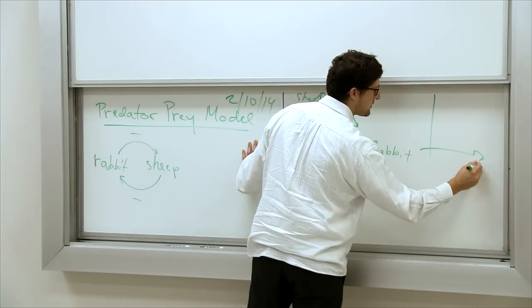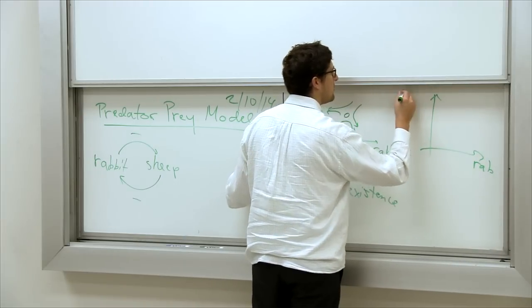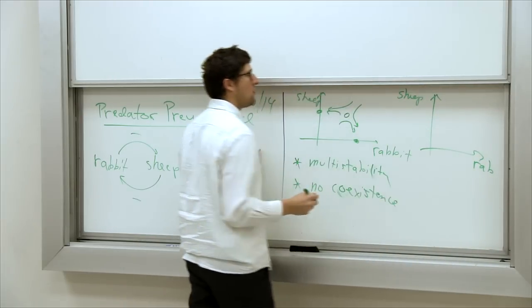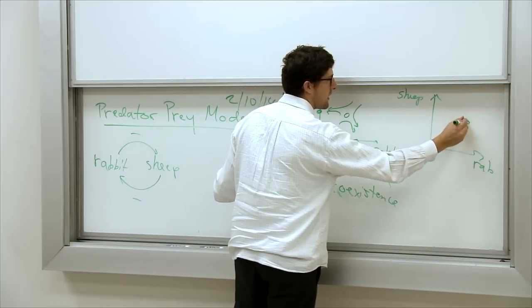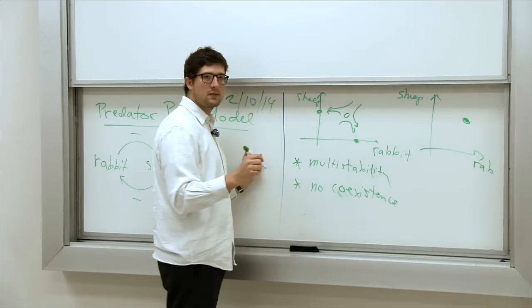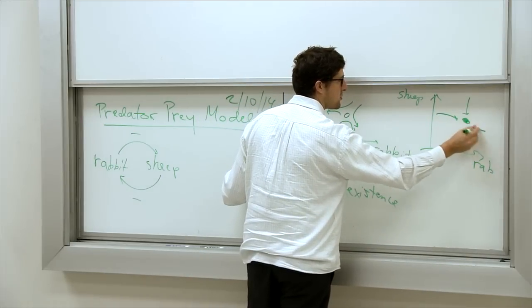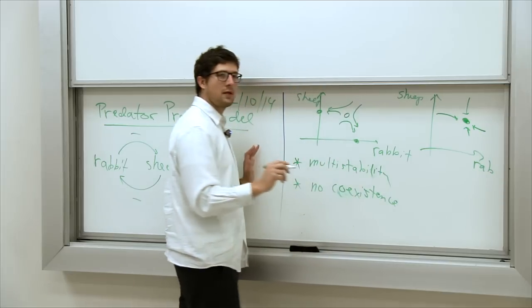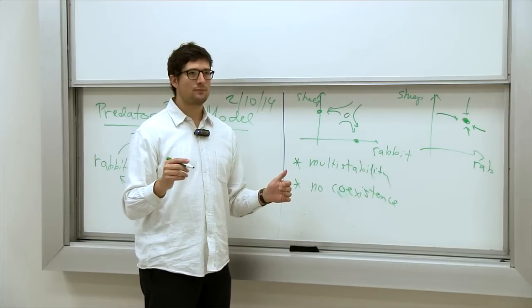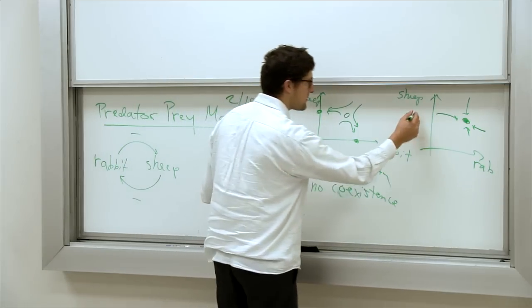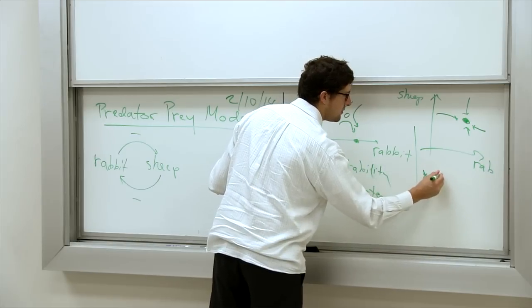And there's another case, where there's only one steady state that is stable, and the solutions converge towards that one steady state, right? So in this case, there is coexistence.